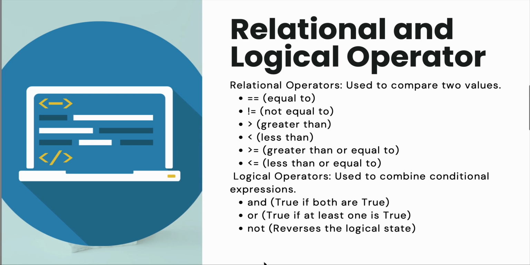And next are relational and logical operators. Yes, we need relational and logical operators especially to compare two different values. Suppose you have to find out whether a person can vote or not, or whether a person can drive or not. Then of course you need to check the voting age and the driving age, and you will compare the age of that person with the standard driving age and standard voting age.